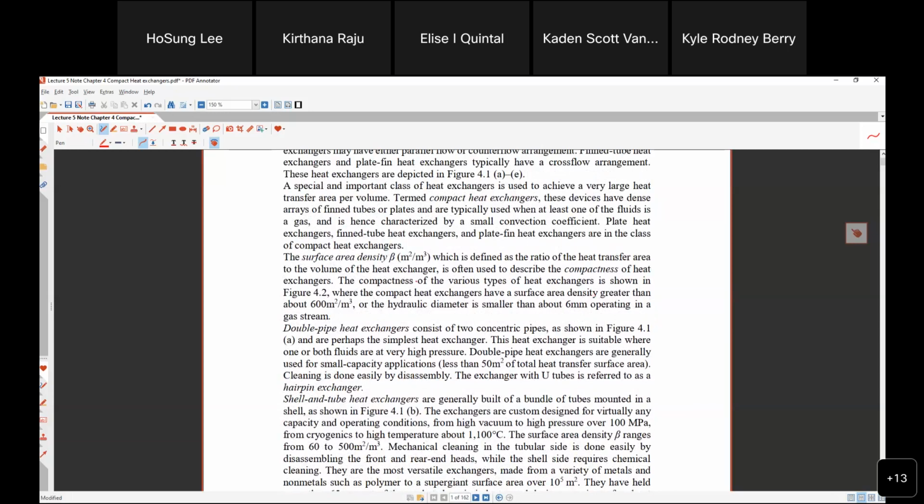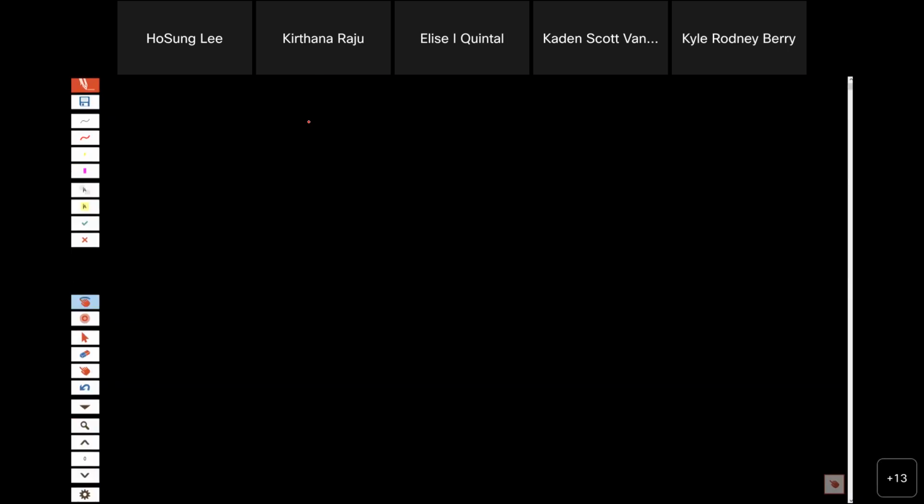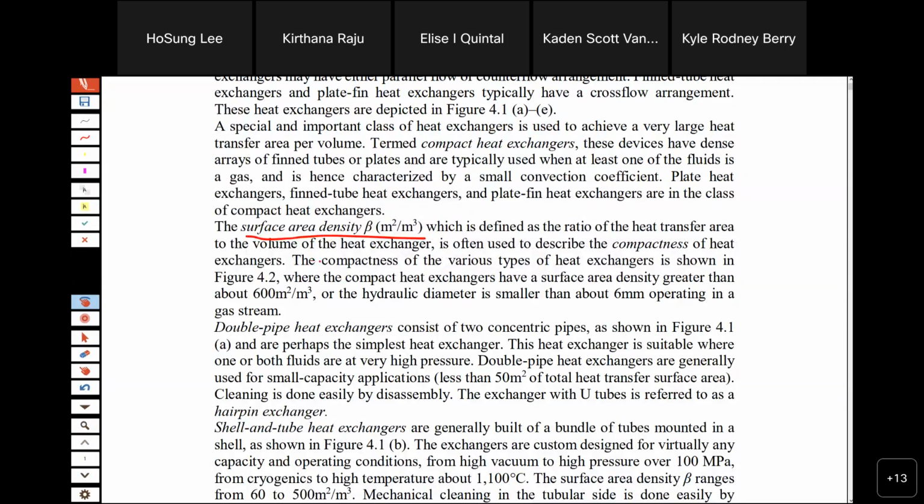First of all, I'd like to indicate surface area density. We use this to indicate how compact a heat exchanger is.